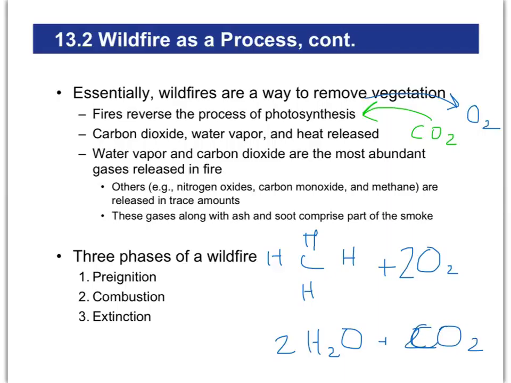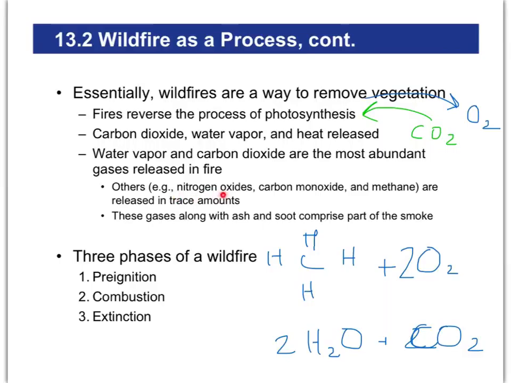So you have methane and you have oxygen that you start out with, and when it combusts, energy is released and light is released, and you come up with water or water vapor, which we have right here, and also carbon dioxide is released as well. I'm trying to do this balancing in my head, and I think I have that right there. Other gases are released.